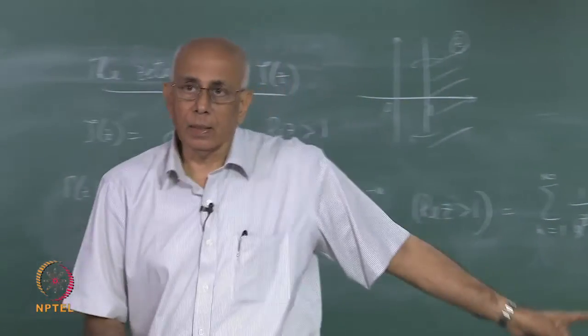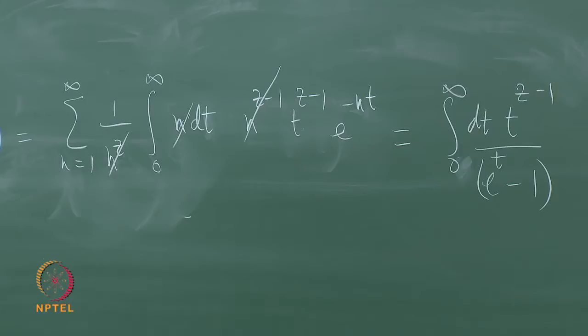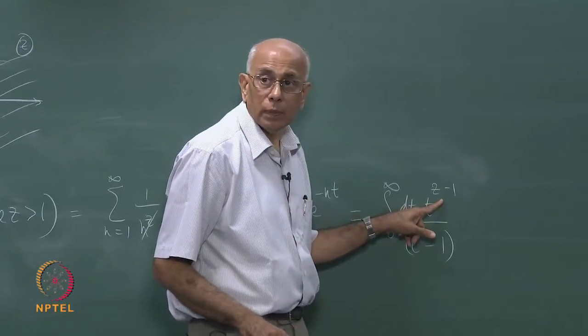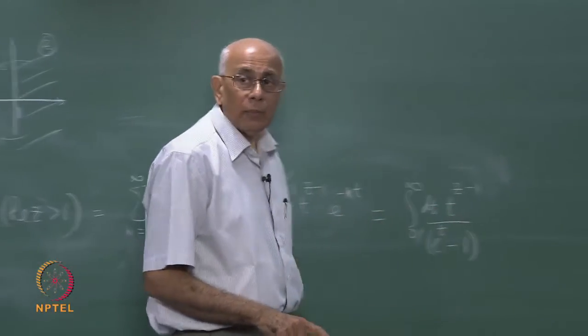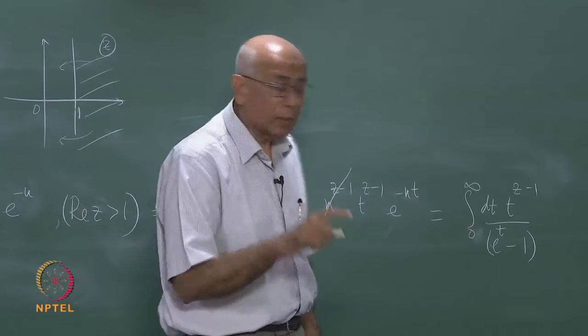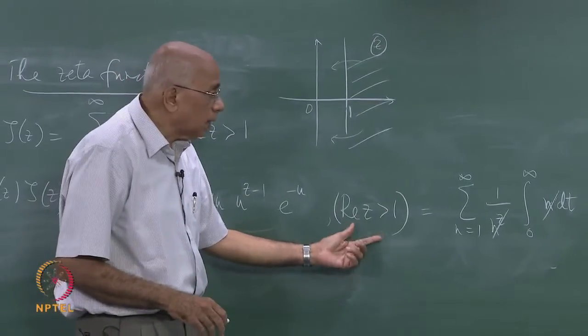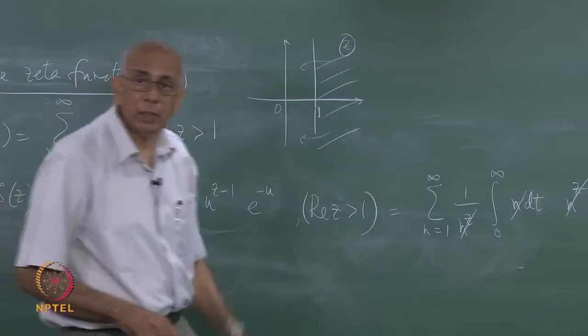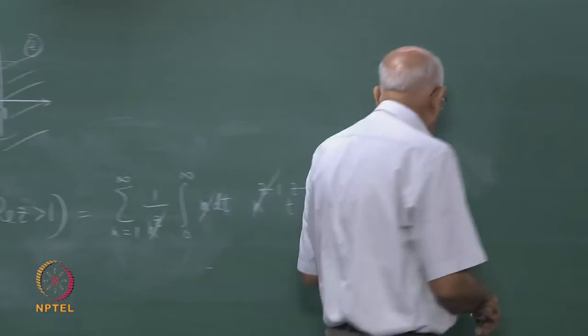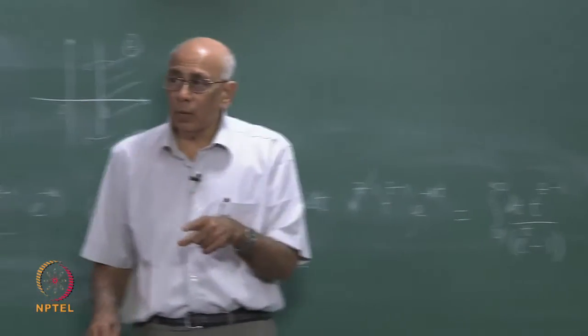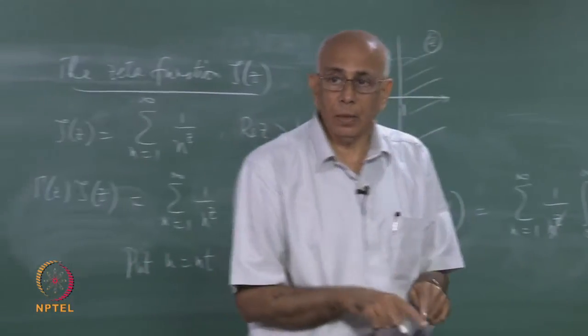So that is an integral representation, and we still need to keep real z greater than 0, because there is a problem here, this guy. In fact, we need to keep real z greater than 1 as it should be, because we have not done anything. This is true. Why is this necessary once I write that representation? Because look at what happens to the denominator. This is e to the t minus 1, so the 1 cancels out and the leading term is t in the denominator.